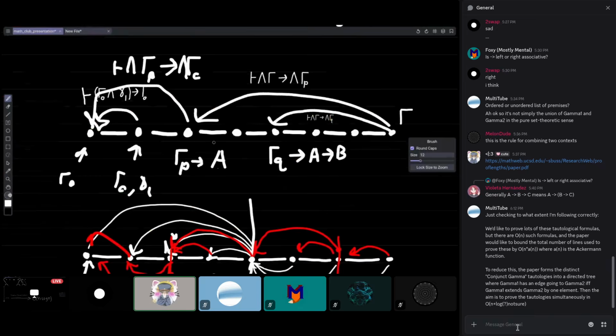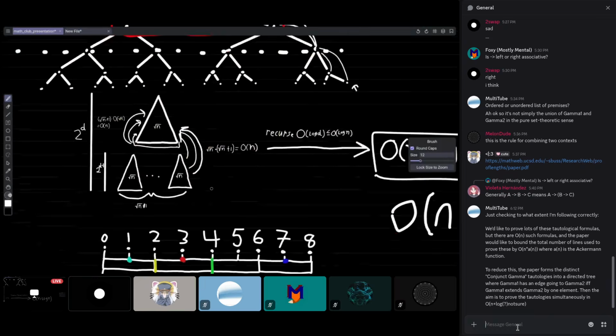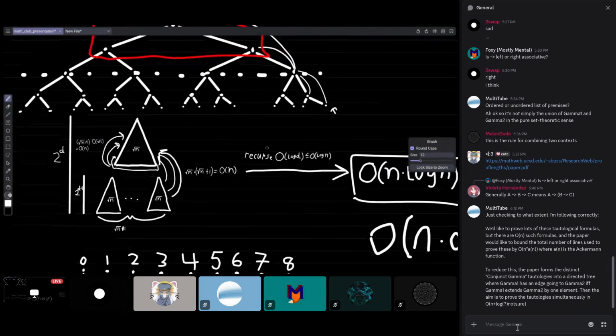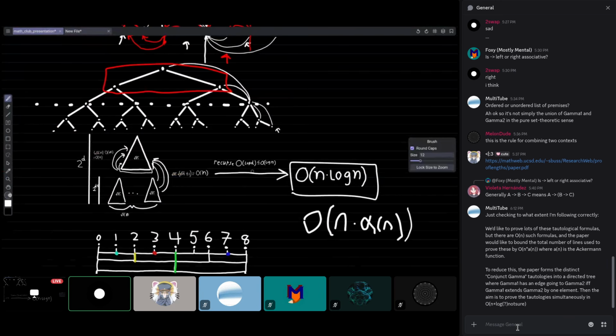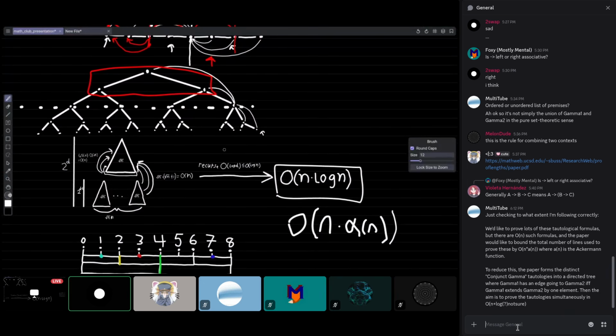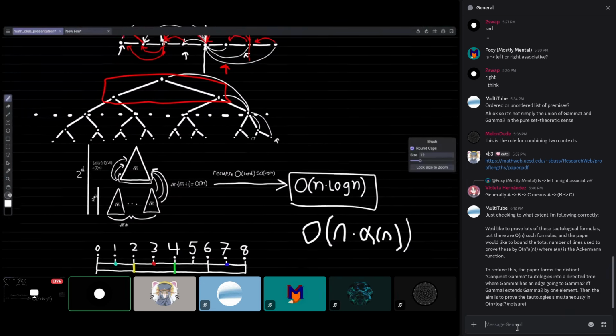In a balanced case, you get O of log d equals O of log n, but in reality, you're probably going to be somewhere weird in between. Okay, makes sense.